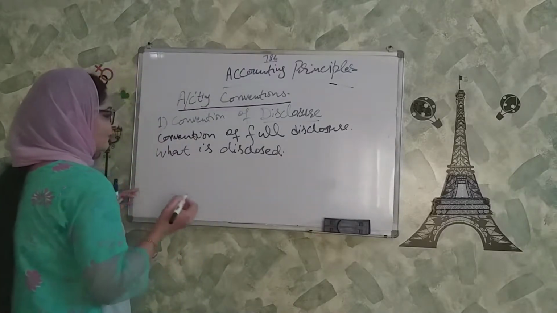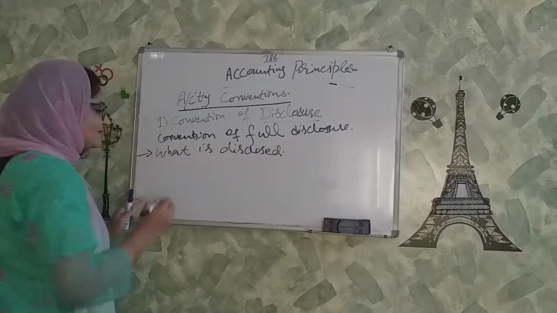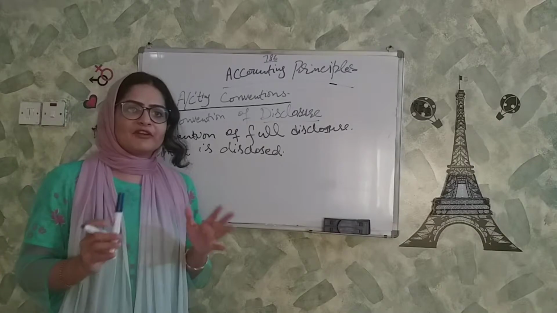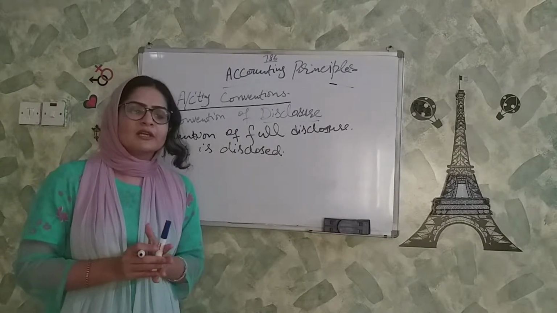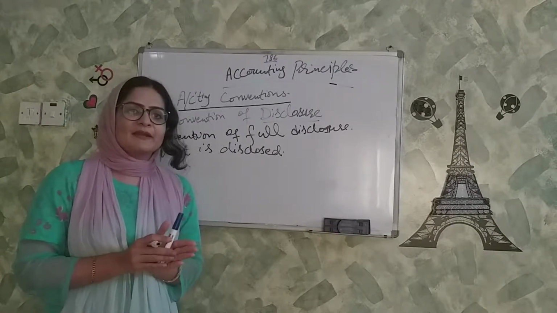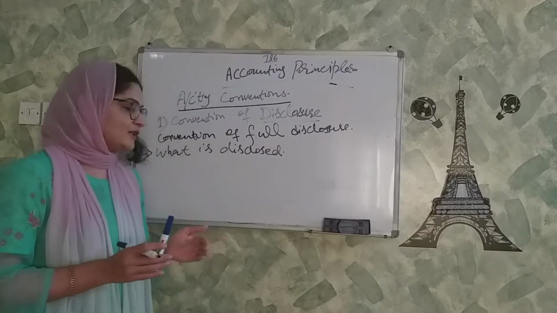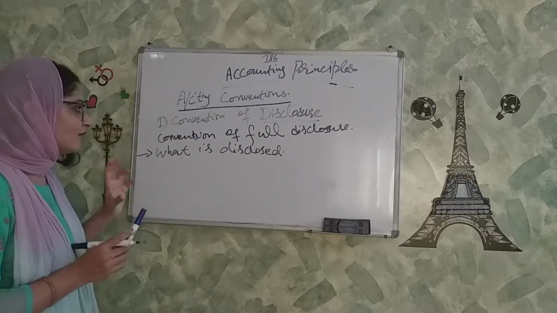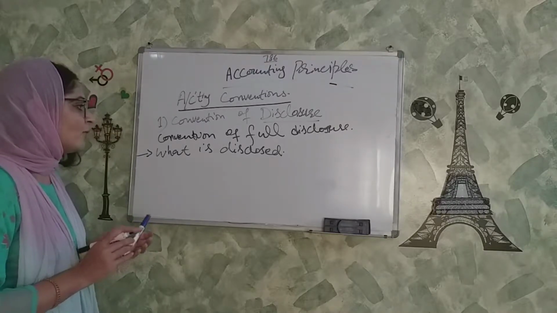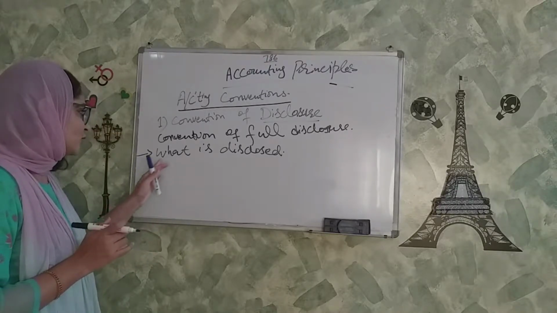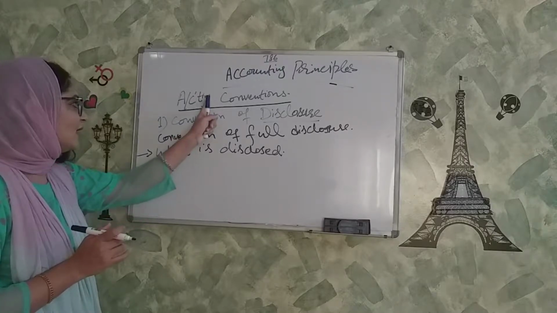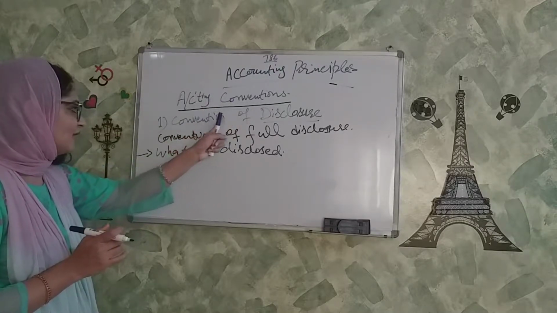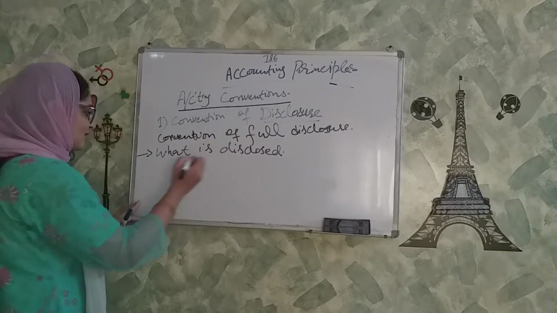In financial statements like profit and loss account or income statement or balance sheet, what is disclosed? Of course, the financial information related to any business or firm is disclosed. But what is disclosed in this accounting convention of disclosure or full disclosure?